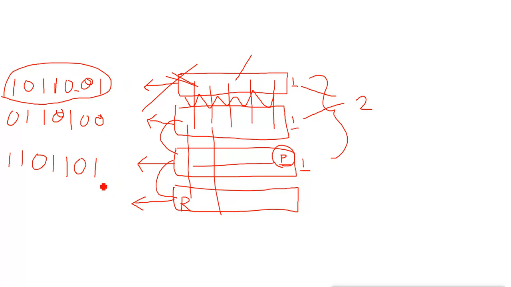So 0 1 is 1, 0 0 is 0, 1 1 is 0, 0 1 is 1, 1 1 is 0, 1 0 is also 1, 1 1 is 0, and 0 1 is also 1. Now if you compare this data and the data which we lost in the disk, it is the same.